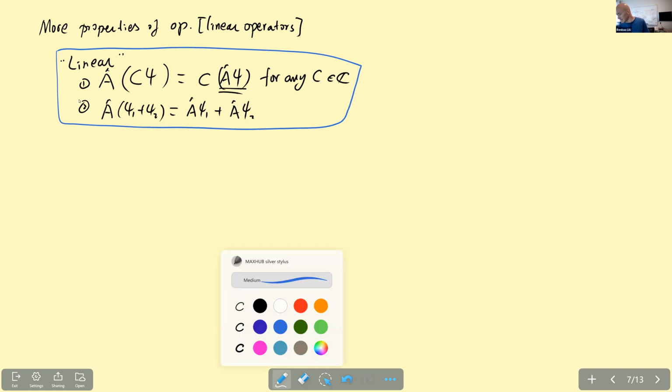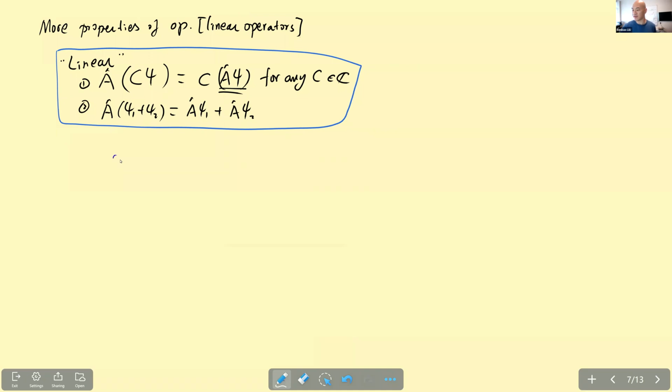Okay, let's check. For example, you have x. If you have x times a constant times this wave function, that is of course x times c times psi, and this is x c psi. That equals c x psi, right? So this one is a check.